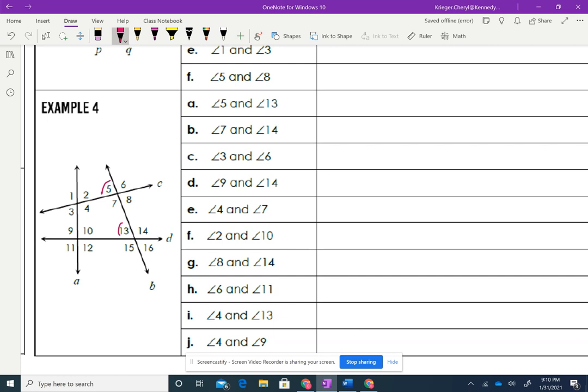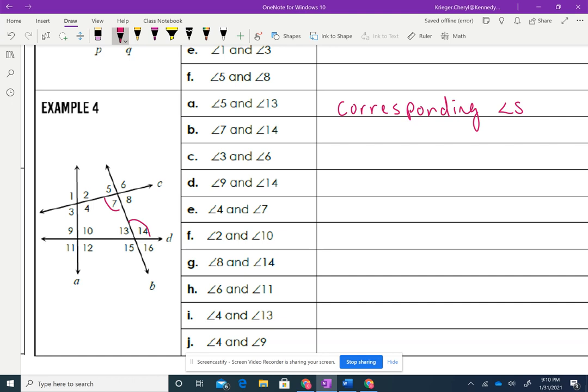Okay, well, what transversal do we have? We have transversal B, and they're both above and to the left of C and D. So I would say those are corresponding angles. Okay, how about angle 7 and angle 14?